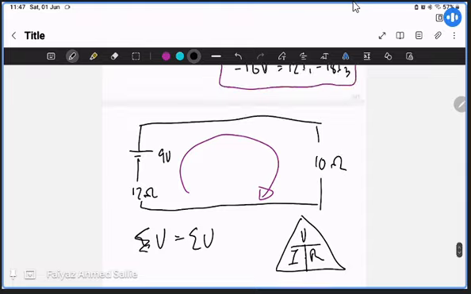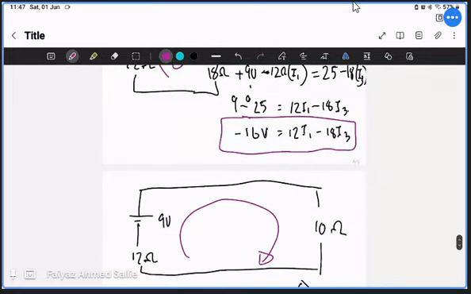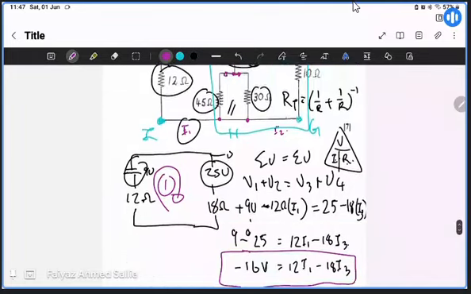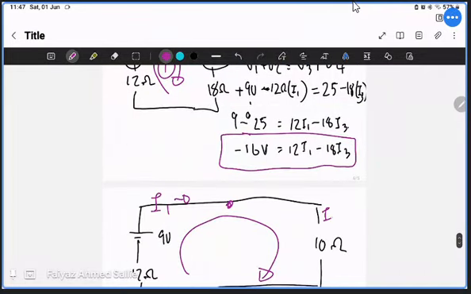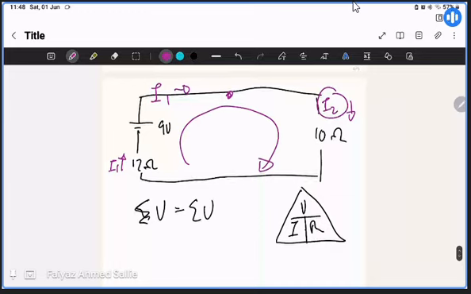Conservation of voltages. So we know this is I1, and by 10 it's going to be I2. Okay, and it's going to be I1 over here.